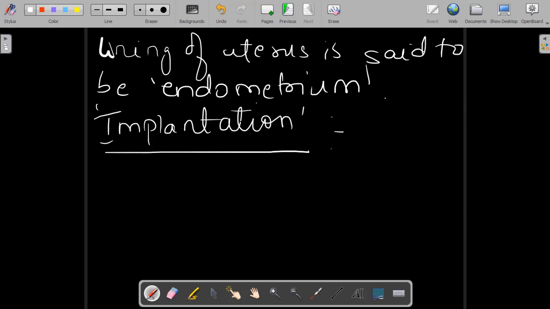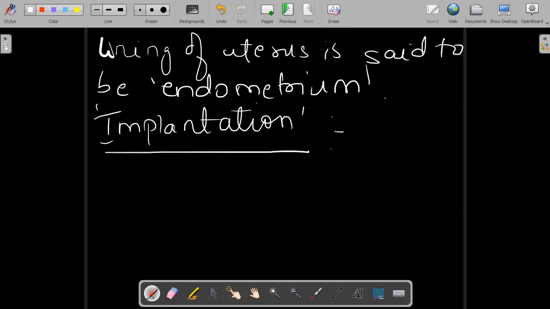Once the sperm and the egg have fused and the zygote is formed, it has to fix somewhere, otherwise it will come out from the vagina. So this fixation of the zygote takes place in the thickened endometrium, and that process is known as implantation. Okay, once the zygote gets implanted, it gets converted into an embryo.